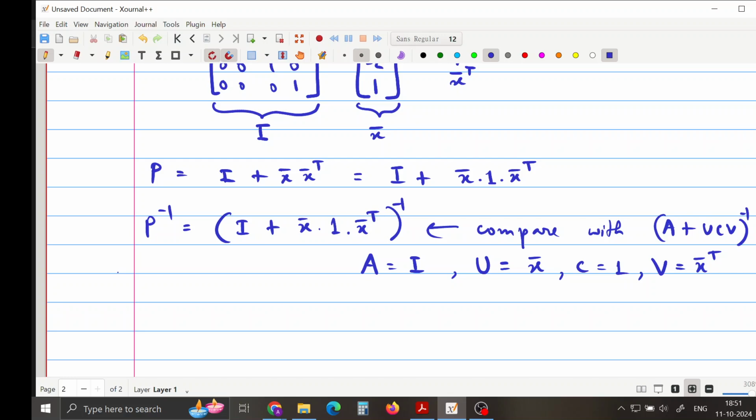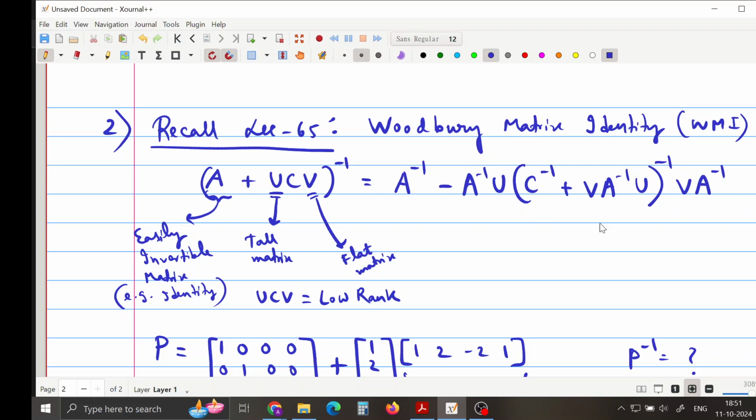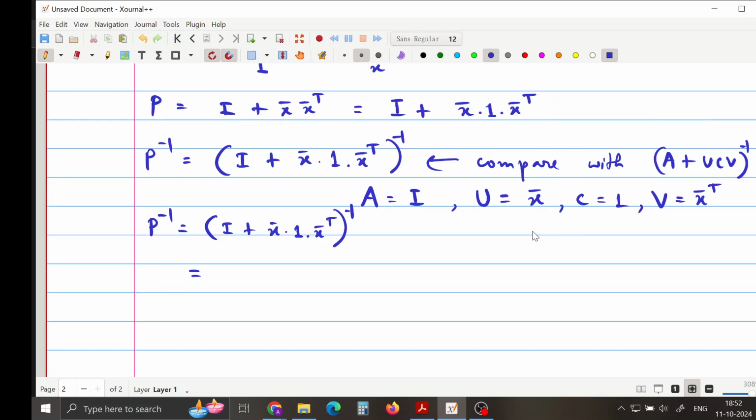Okay, so now we can make use of the Woodbury matrix identity, and we can expand this. P inverse is simply this inverse, which is, okay, I'm using this identity here. This RHS I'm just simply applying here. I know what A, U, C and V are in our case, and I'm just simply substituting that.